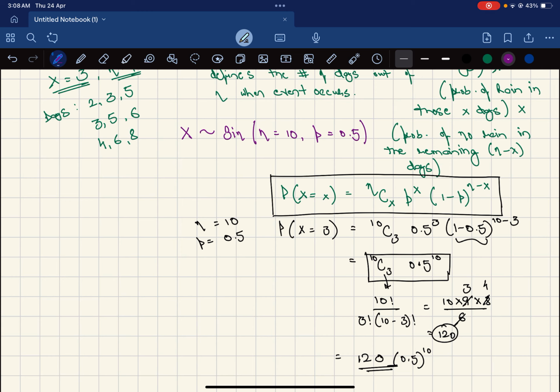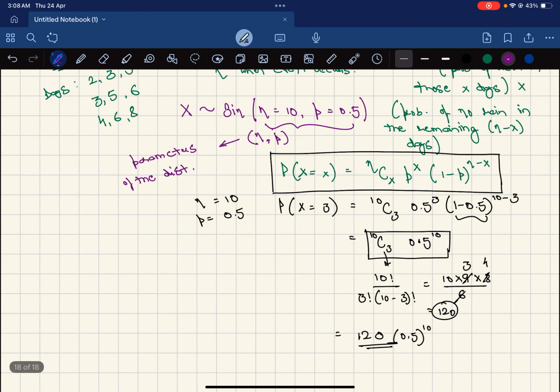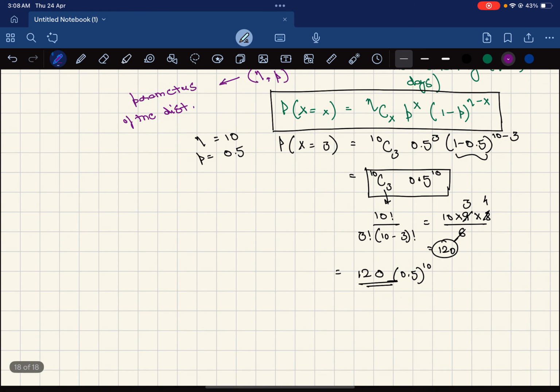Now this particular binomial distribution has two parameters, n and p, for which the distribution is defined. So these are called the parameters of the distribution. So binomial distribution clearly has two parameters which are required to calculate the probability for any value of x. We calculate it for x equal to 3 in this particular case.